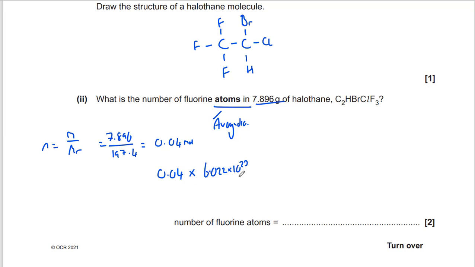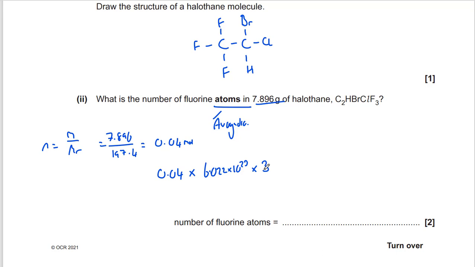However, this is the bit where people will get it wrong. You'll get 1 mark for getting the number of moles, but the next step is the hard bit, because if you multiply by Avogadro, what you're working out is the number of molecules of halothane. However, every single molecule of halothane contains 3 fluorine atoms. Therefore, you need to multiply your answer by 3 to work out the number of fluorine atoms in the compound.